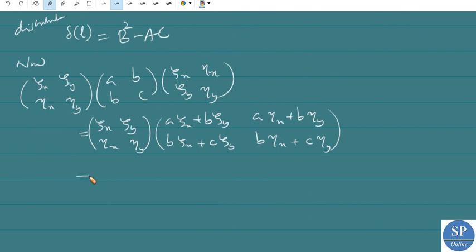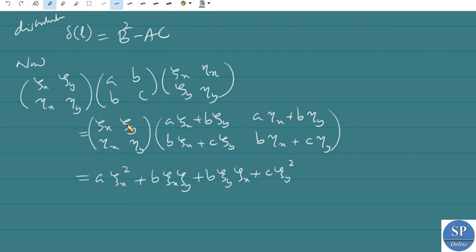Now multiplying this we get ζ_x into this plus ζ_y into this. So multiplying this with this we get a ζ_x square plus b ζ_x ζ_y, plus b ζ_y ζ_x plus c ζ_y square.